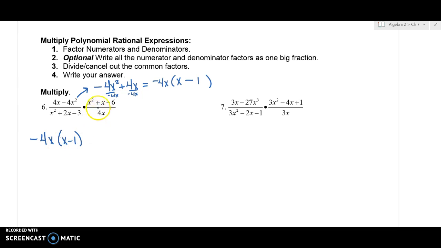Our next numerator, I'm going to do in green, x squared plus x minus 6. How do we factor that? It would be 2 and 3. To make it a positive x in the middle, the 3 would need to be positive, the 2 would need to be negative. Next, I factor my first denominator.